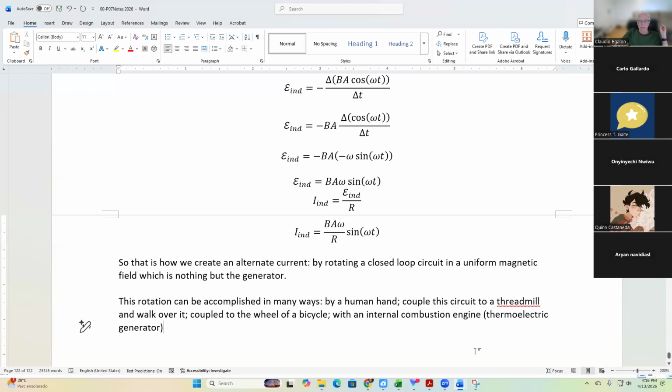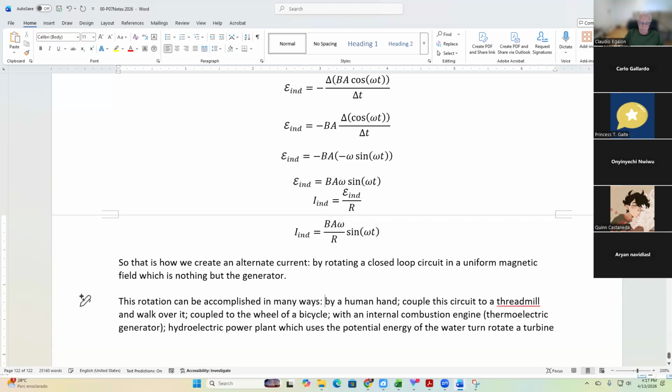Several ways of producing electricity. It can also be a hydroelectric power plant, which uses the potential energy of the water to rotate a turbine.